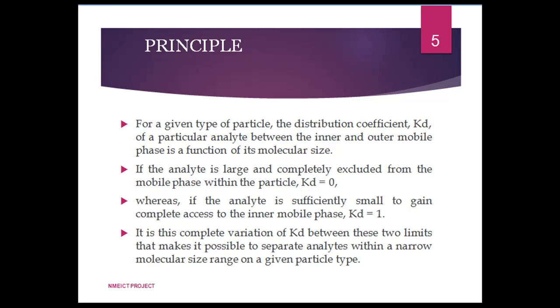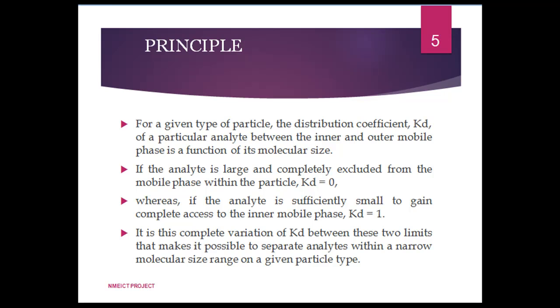It is this variation of Kd between these 2 limits that makes it possible to separate analytes within a narrow size range on a given particle type. Hence, molecules can be separated based upon their molecular weight. For example, for 2 analytes of different relative molecular mass, their Kd values are Kd1 and Kd2.